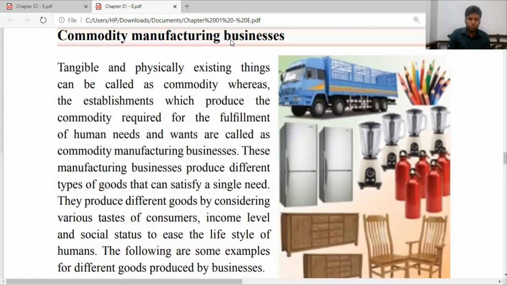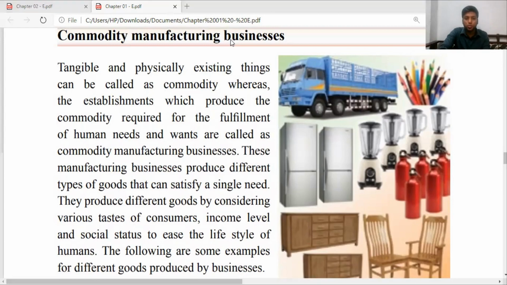Now you might think, okay, I studied commodity manufacturing business, but I never studied the difference between goods and services. Remember, guys, a commodity manufacturing business comes under the term goods. A service providing business comes under the term service. So goods characteristics and service characteristics refer to commodity manufacturing business being goods and service providing business being services. So I'm going to give you the differences between them.